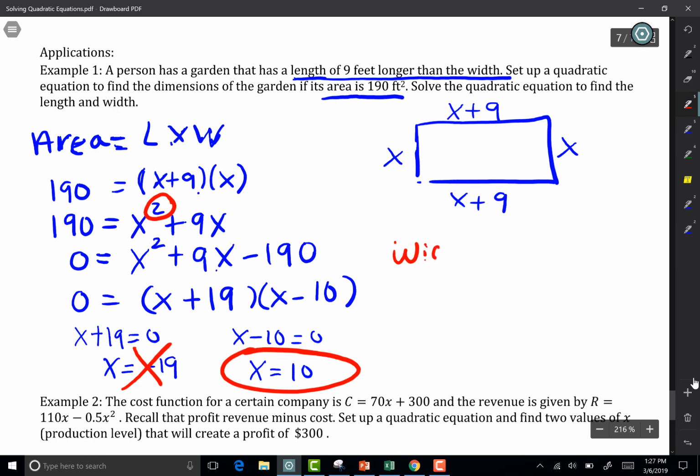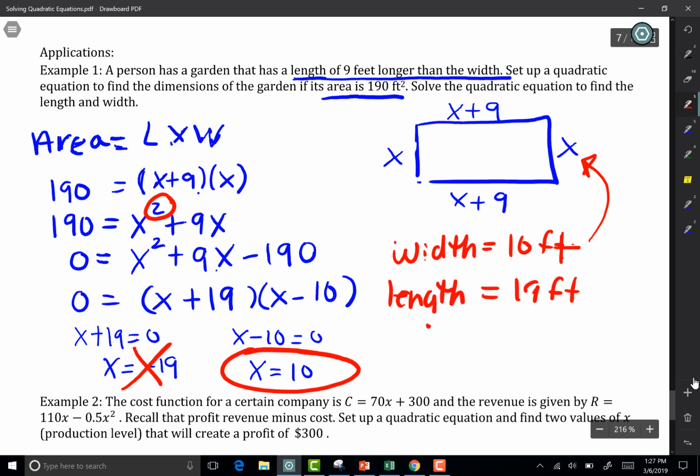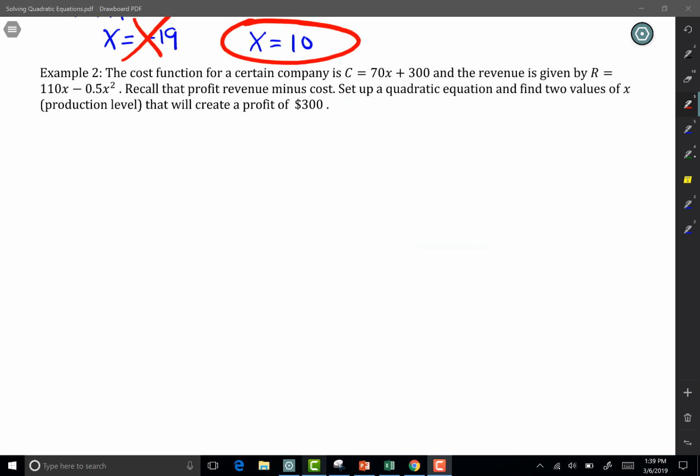So I can say that my width is 10 feet, because that's my x. X is 10, which represented my width, which means my length has to be 19 feet because my length was 9 feet longer. Okay, in the next example, we're going to talk about quadratics in the context of business.